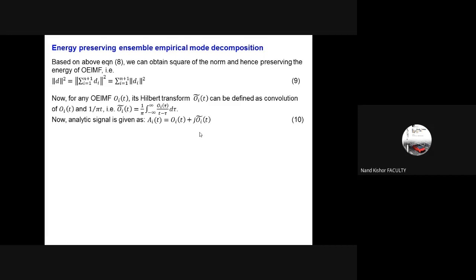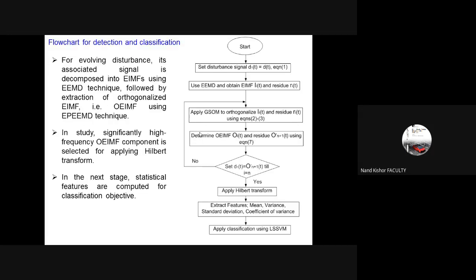So with these assembled techniques of EMD, we have developed the algorithm here, and this is the flow chart for the algorithm which we have applied in our study. So we have the disturbance signal. In fact, we have referred to the equations in each step that has been applied here. So for this evolving disturbance, we have the decomposition into IMF, and then extracting the orthogonal part here.